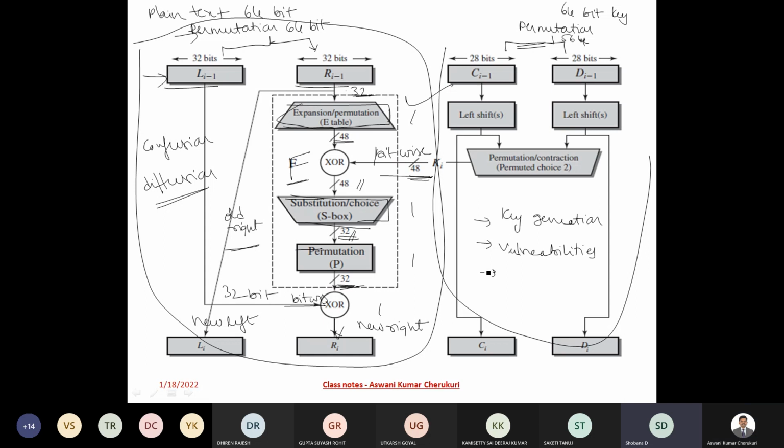Then people have done double DES, meaning performing the DES encryption 2 times. Then triple DES, and remember triple DES is still in place. Even after the introduction of AES, triple DES is still followed in some applications, but very few. These things we will discuss in the next class.